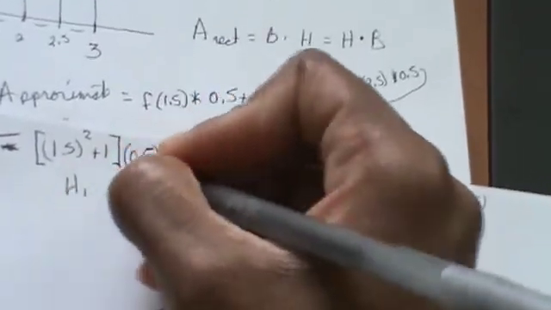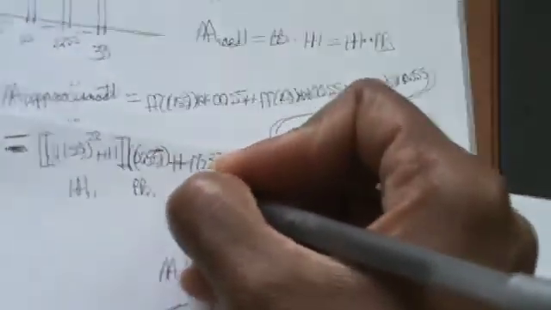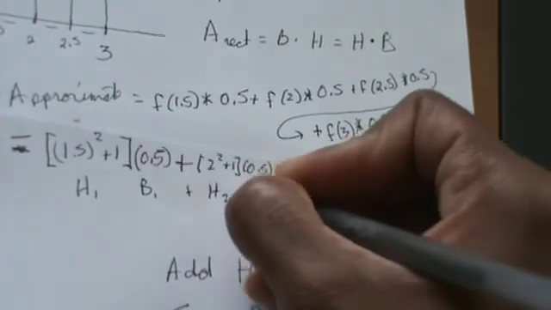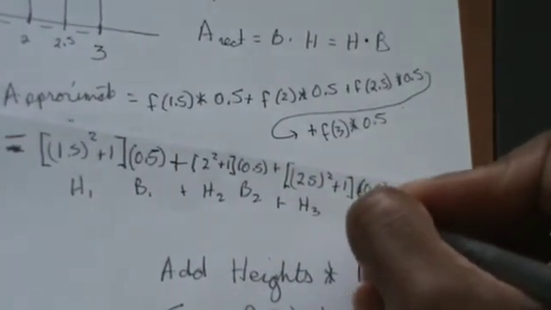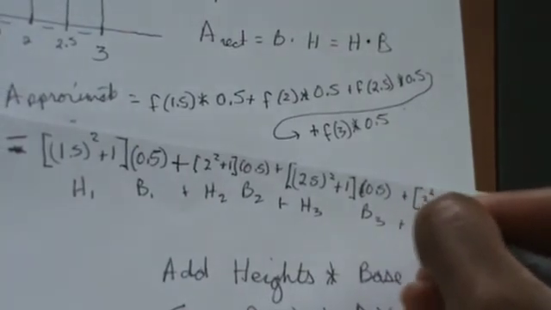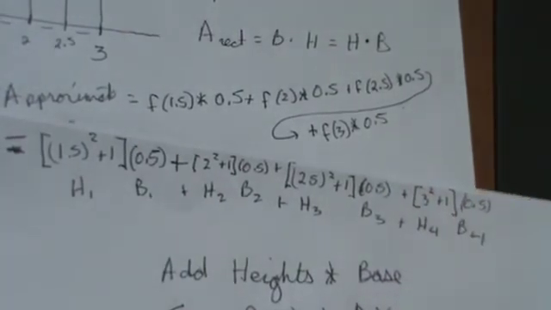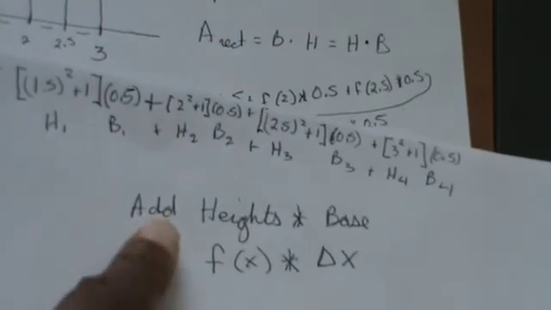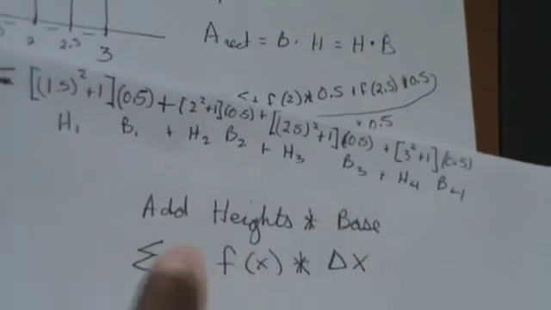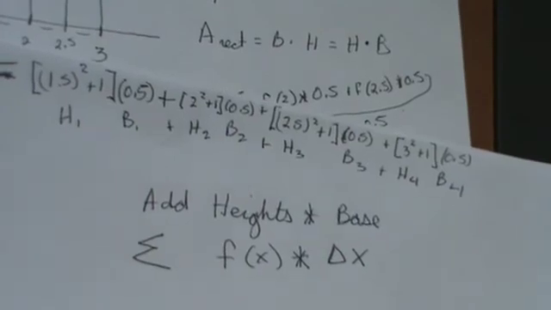This is height 1 times base 1 plus height 2 times base 2 plus height 3 times base 3 plus height 4 times base 4, right? So everything's accounted for. Okay, let me remind you, you're adding the heights times the base, and here's the fancy notation.